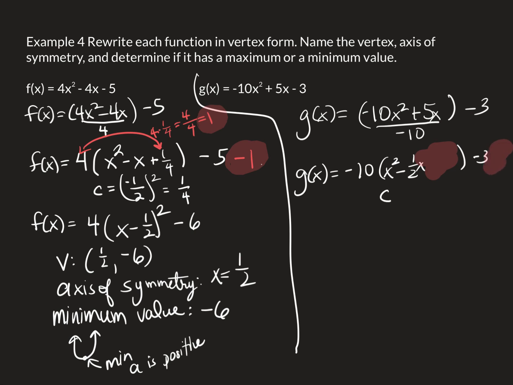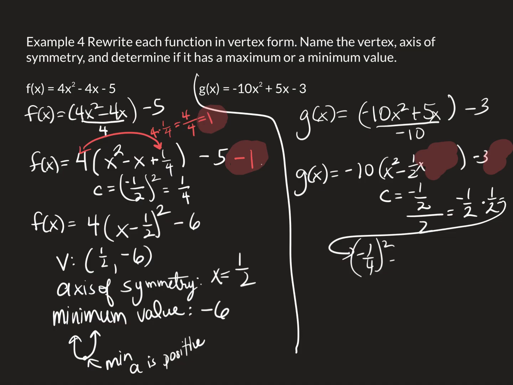So c is going to be negative 1/2 divided by 2. What's the same thing as dividing by 2? Multiplying by 1/2. Negative 1/2 times 1/2 will be negative 1/4. Then square that. That's positive 1/16.